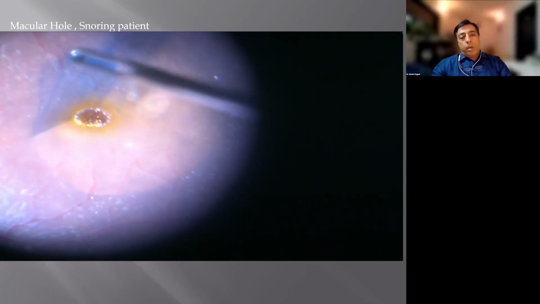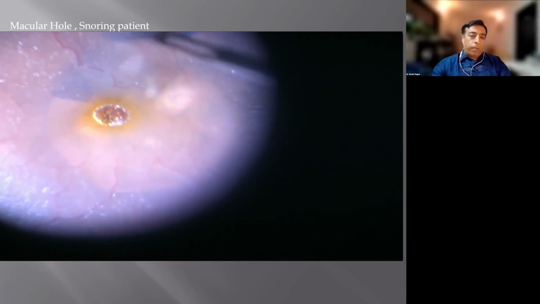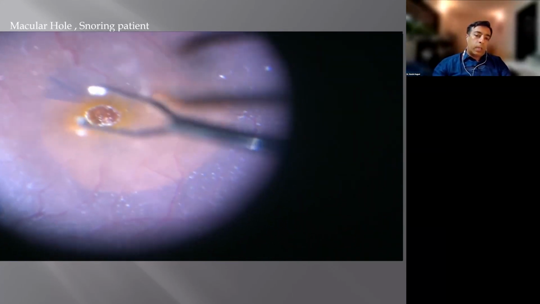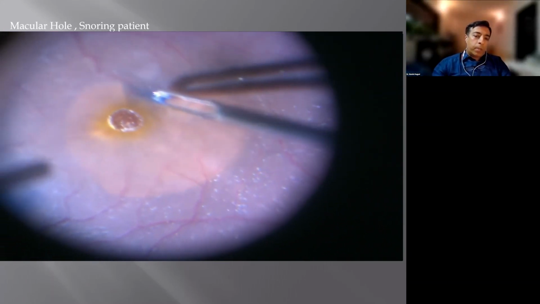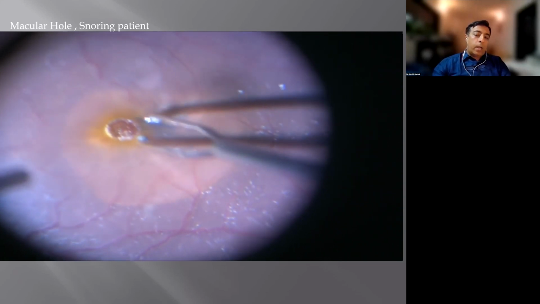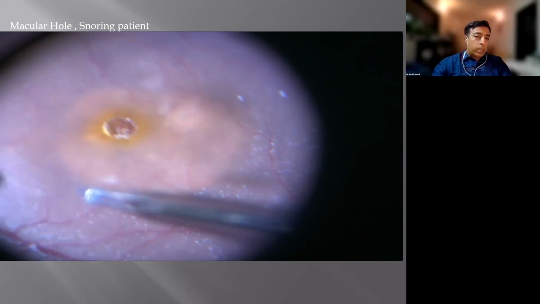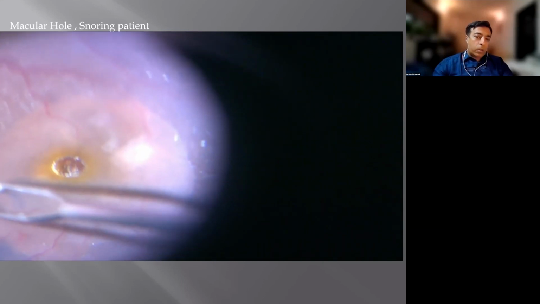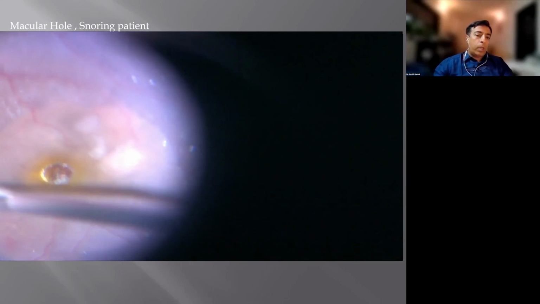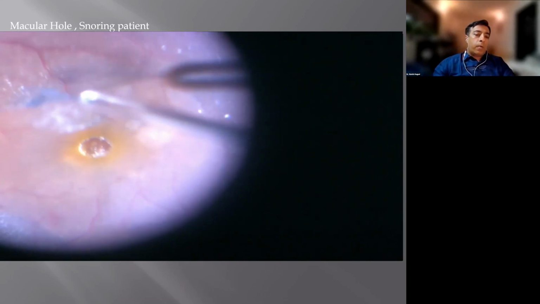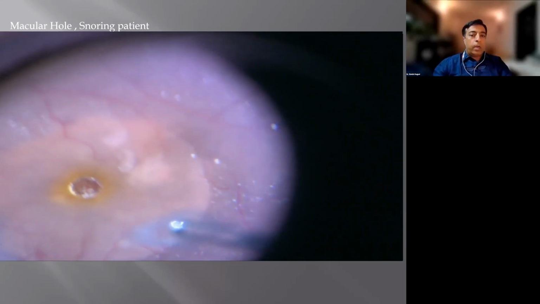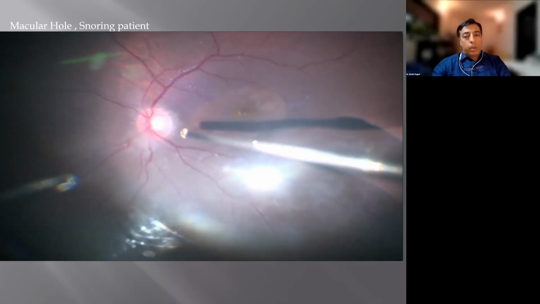So these can be practical issues which you might face when you do these surgeries, and is something that I face once in a while, and one has to be cautious. Always make sure if there's a patient who's sleeping or snoring, try to wake him up while you're doing this peel, so that he's aware that he should not move his head during this period.